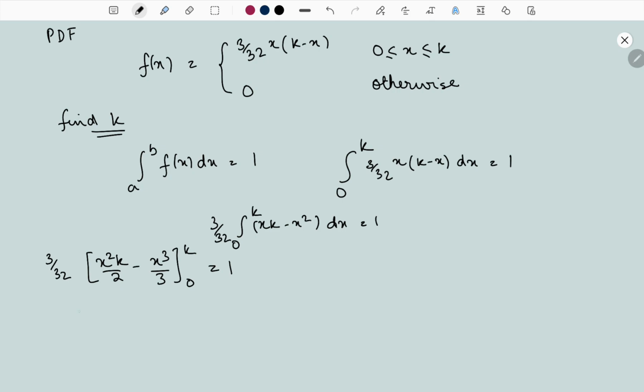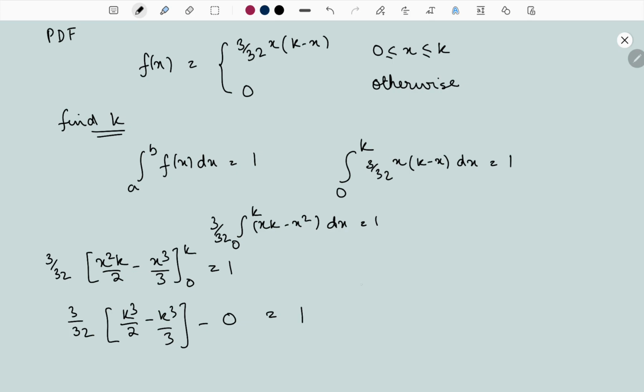Put the value k. So 3 by 32 times (k cubed by 2 minus k cubed by 3) minus 0 will be equal to 1.